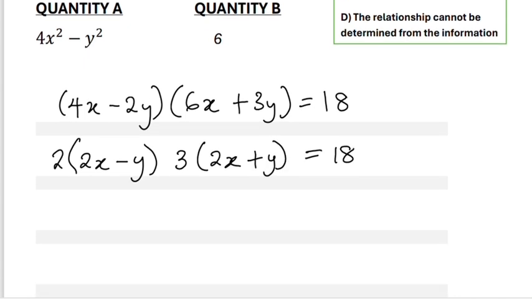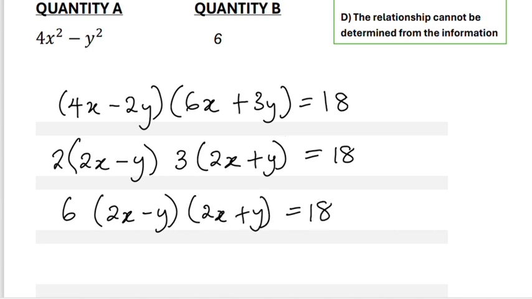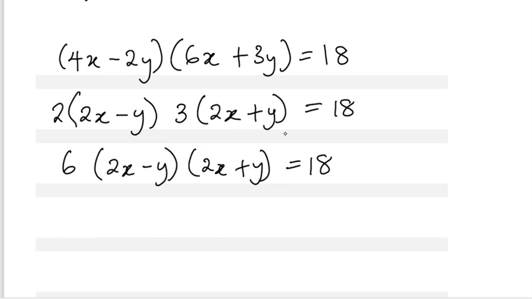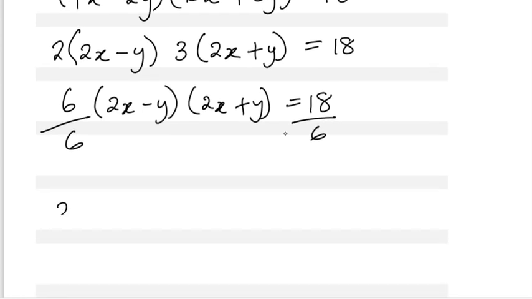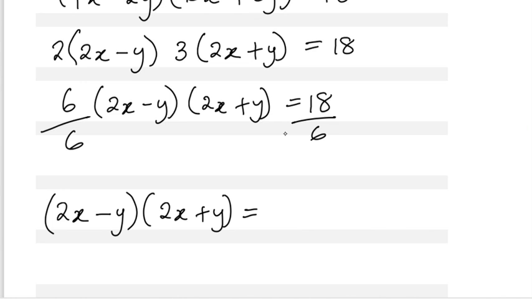Okay, so 2 times 3 will give us 6, and we'll have (2x minus y)(2x plus y) equals 18. We can divide both sides by 6, and what we'll have left will be (2x minus y)(2x plus y), and 18 divided by 6 will give us 3, so this is simply 3.